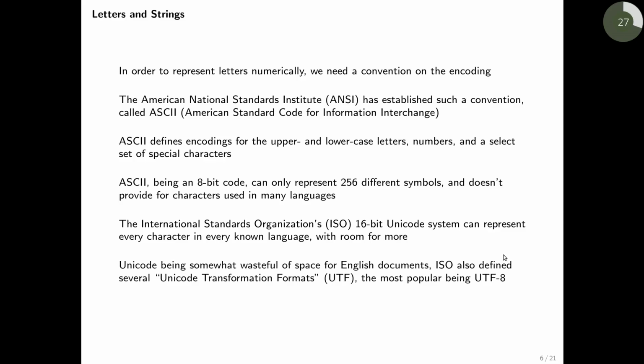Now, if you're just working with English, then Unicode is somewhat wasteful. So you don't want to represent each symbol using 16 bits. So for that, ISO has defined what are called Unicode transformation formats, or UTF for short, and the most popular UTF format is the UTF-8 format.